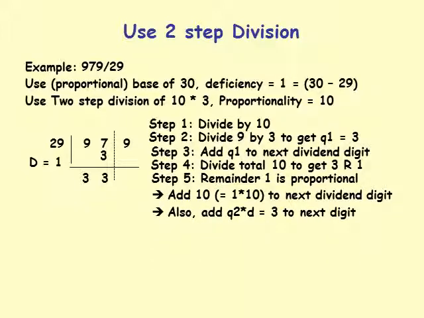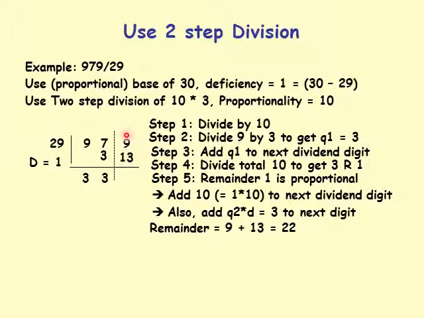There's another adjustment here because of the deficiency. That is equal to Q2, and that's 3. So I have to add two numbers, 10 plus 3, to the next dividend digit. So I've got to add 13 here, and then add 9 plus 13 in my remainder column section here.